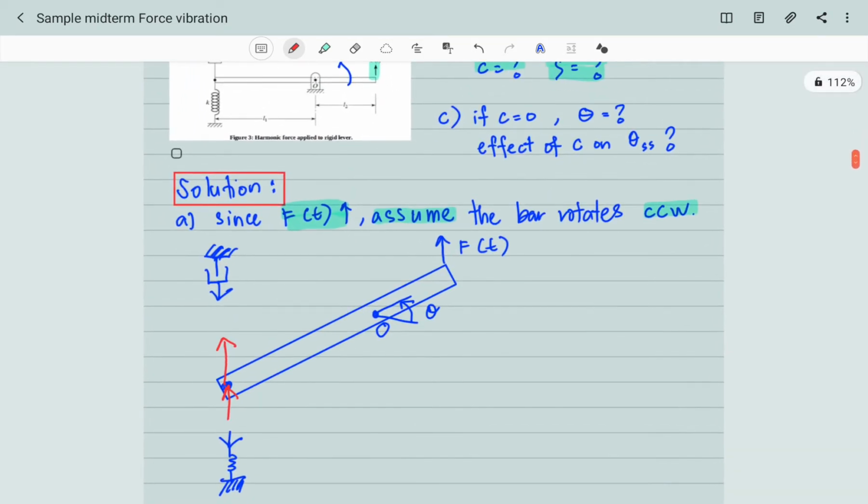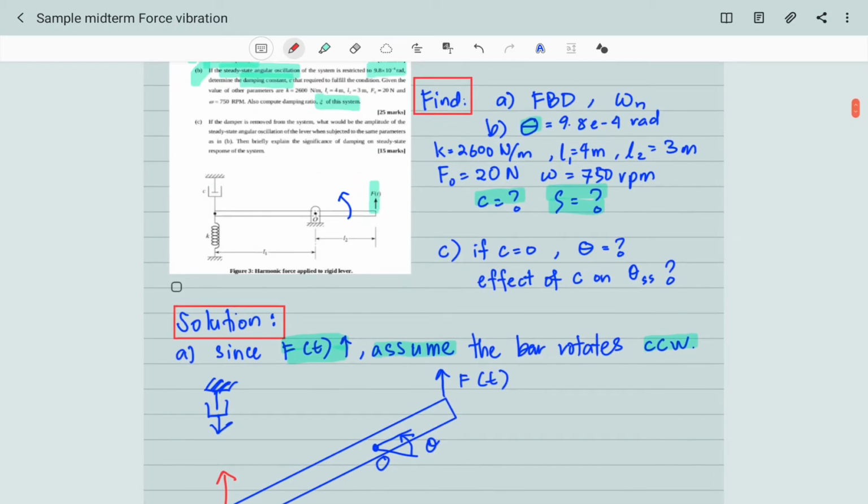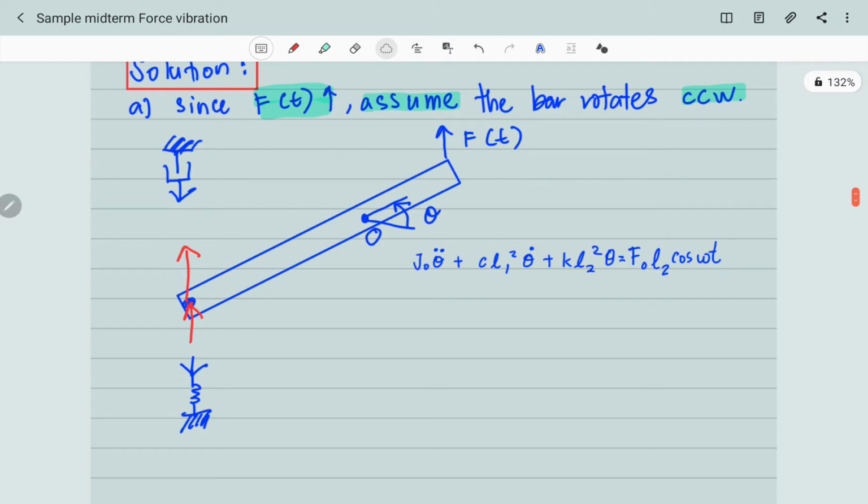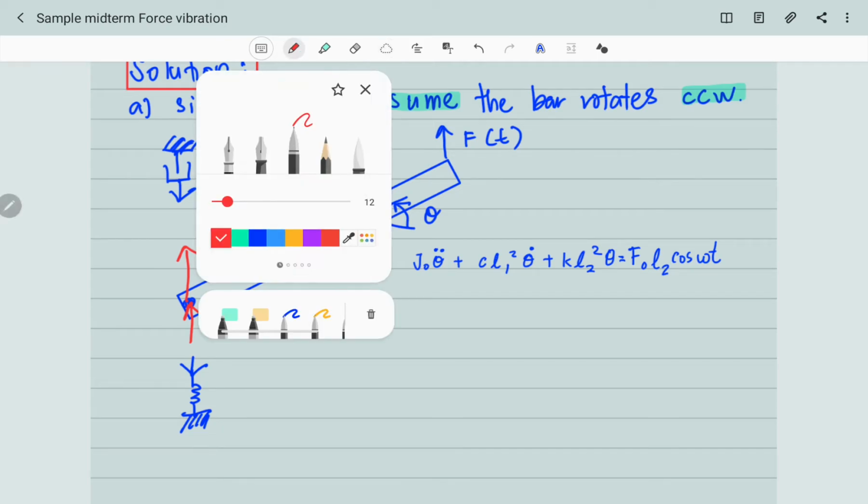So basically, they want you to get the omega n in part A. In this question, they already give you the equation of motion, so it's fairly easy. You do not have to derive your own equation of motion.